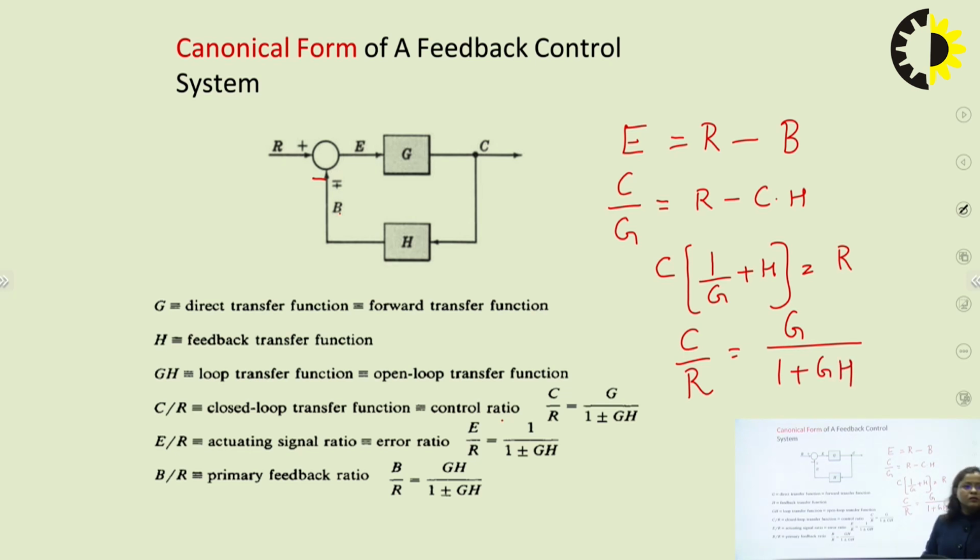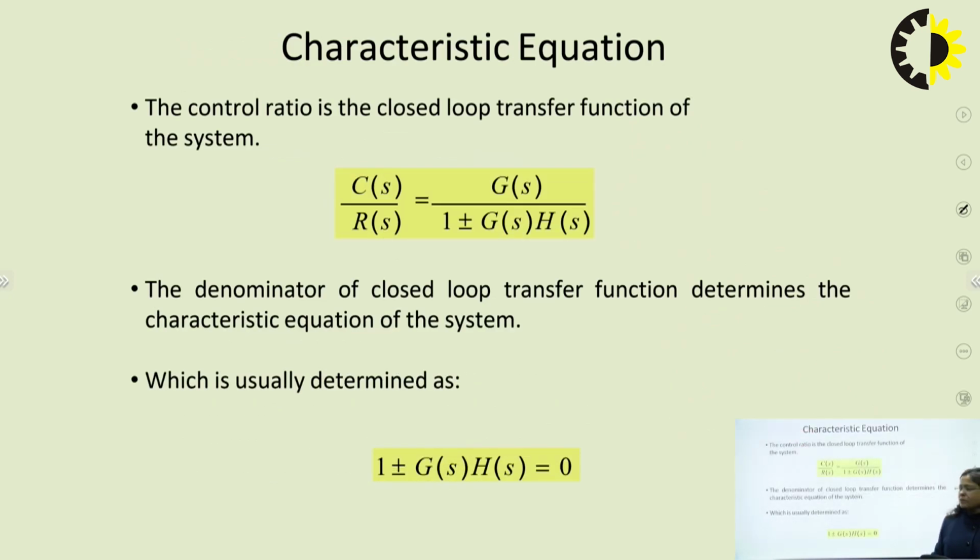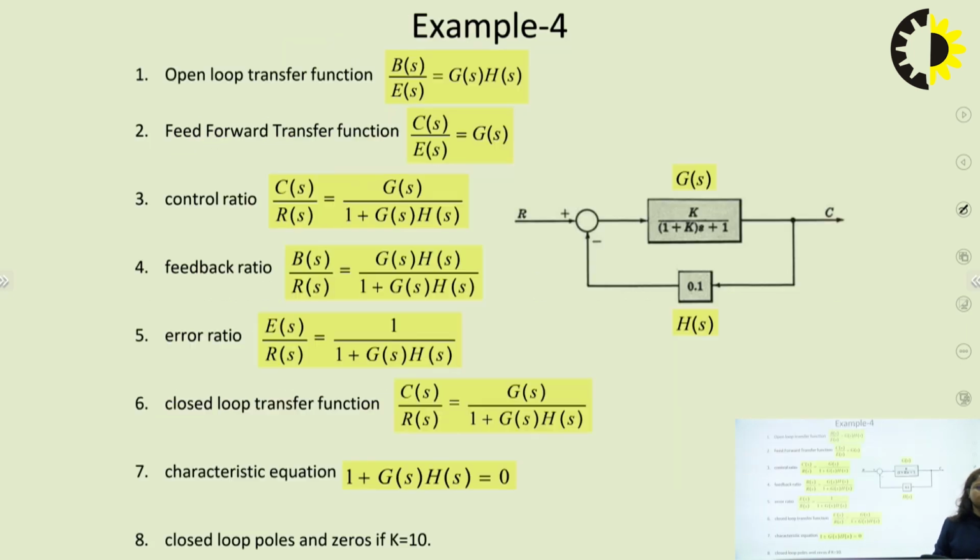Now if we take the transfer function with a plus sign, then it becomes a minus sign. So this is the overall gain of any feedback control system: G upon 1 plus GH for negative feedback and G upon 1 minus GH for positive feedback. So this formula is used a lot of times to solve a block with forward and feedback path.